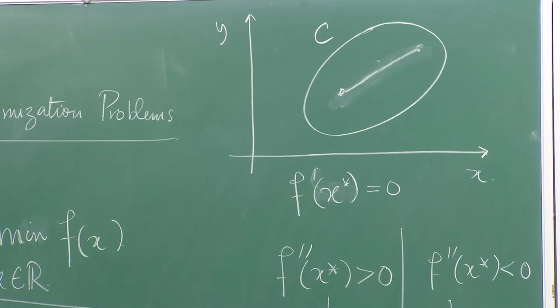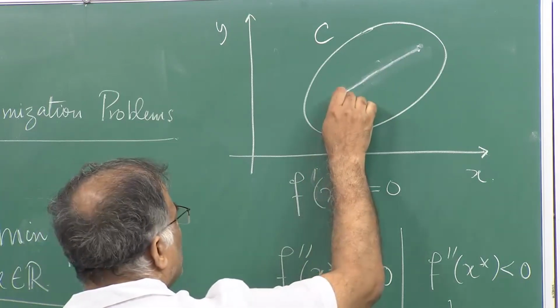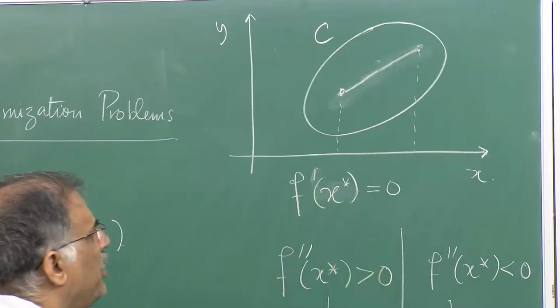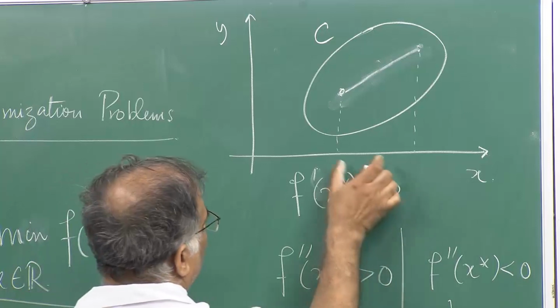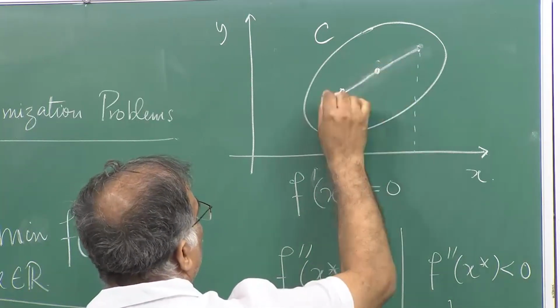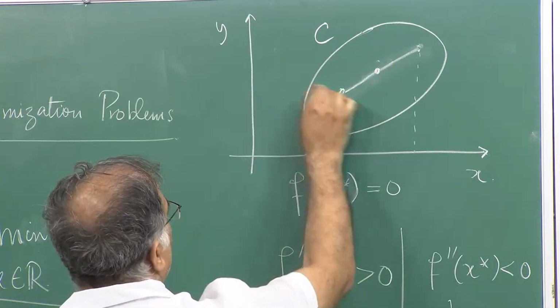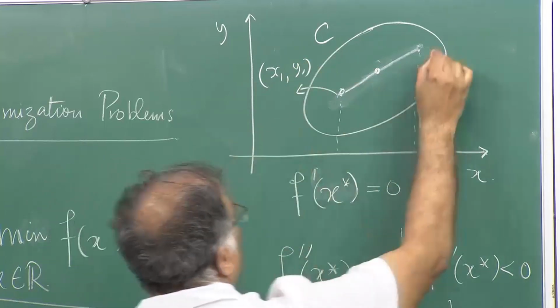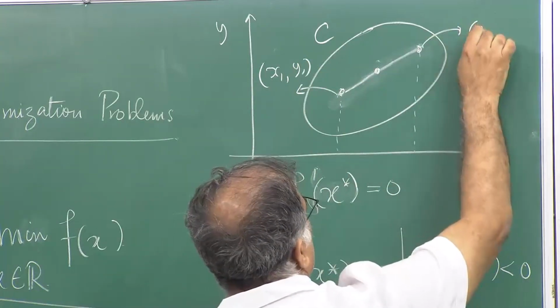How do I express this point? You know this very well from your coordinate geometry. If I want to take any point here, how do I describe it? Suppose this point is given by x1 y1 and this point is given by x2 y2.